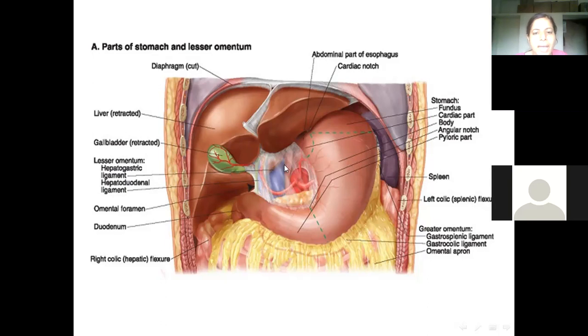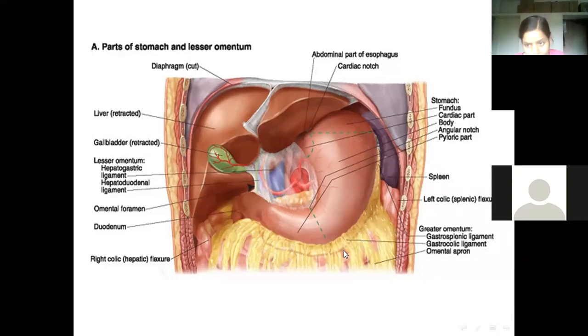So, we have hepatogastric ligament as one thickening, and hepatoduodenal ligament as one more thickening. Okay, then we know this whole thing whatever we are seeing on the greater curvature is greater omentum. So this greater omentum is also showing certain thickenings. From the greater omentum to the spleen, we have one thickening. You call it gastrosplenic ligament.